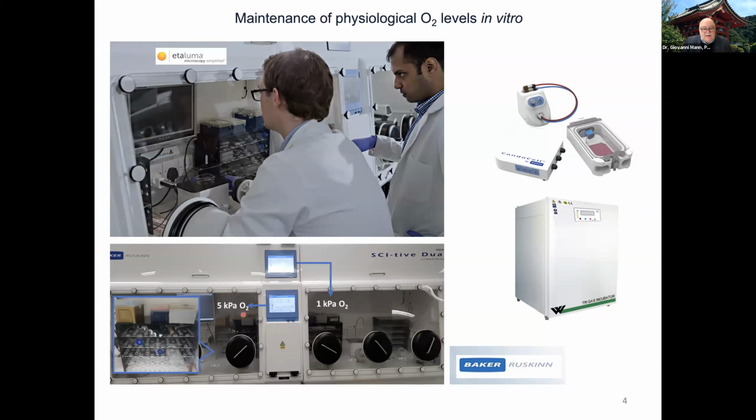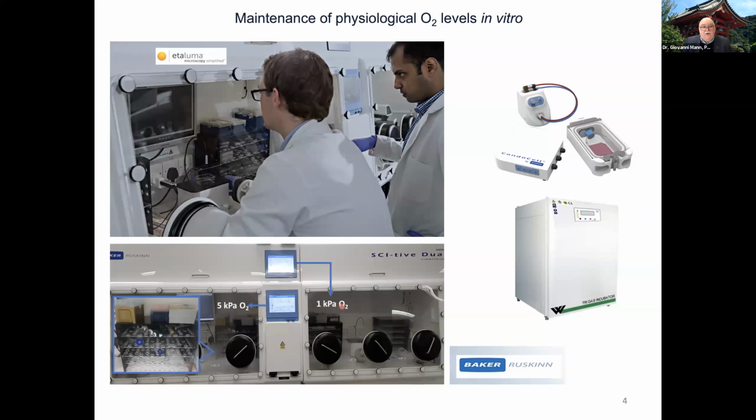To simulate ischemia reperfusion injury, for example, at a cellular level, we can have the opposite chamber at 1 kilopascal, which is hypoxic. So cells can be moved either from this chamber to that chamber, or what we can also do is use another device that I'll show you in due course from B&G LabTech to look at an oxygen regulated plate reader to simulate normoxia to hypoxia.